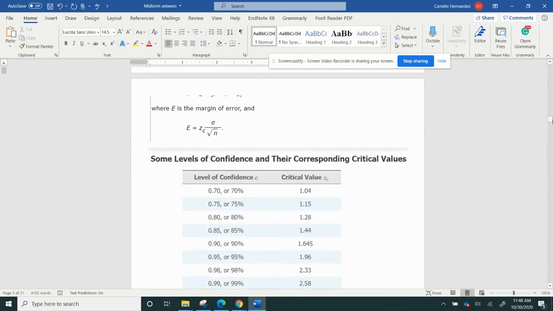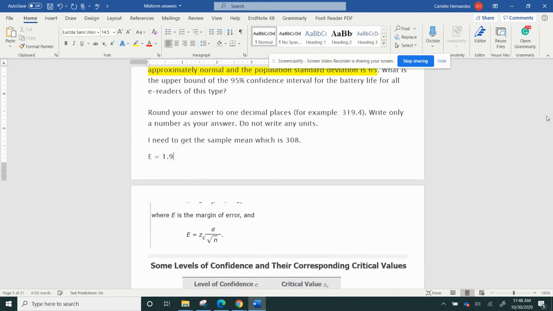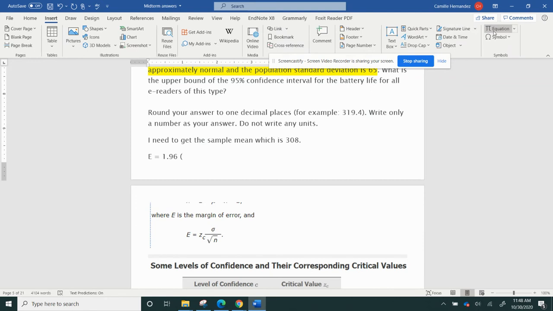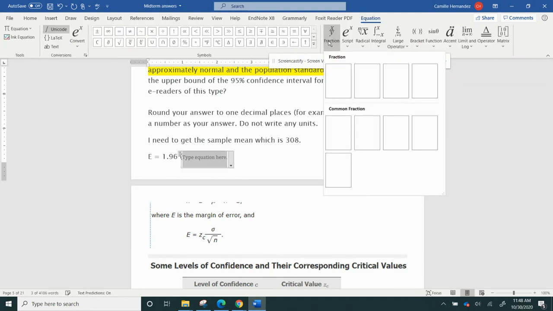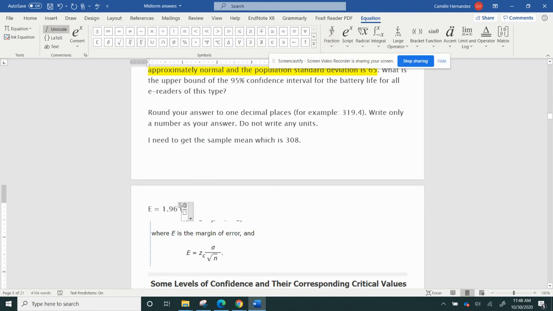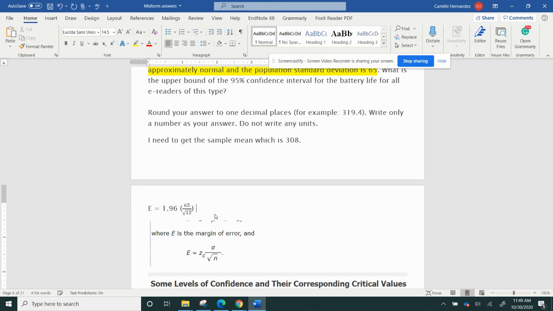Because it's 95%, I'm going to use 1.96, times, and I'm going to insert an equation to make my life easier, the standard deviation, which is 65, the population standard deviation, over the square root of my sample size, which was 12. So I'm going to solve for that.